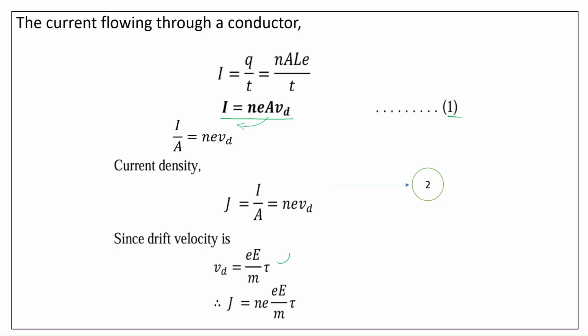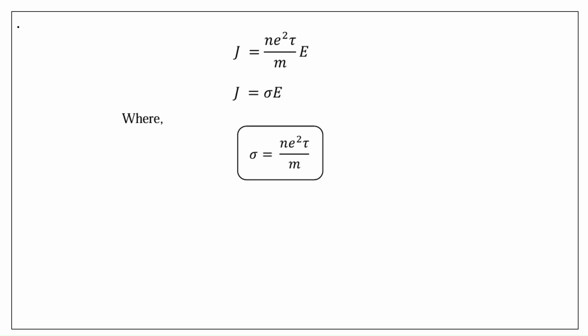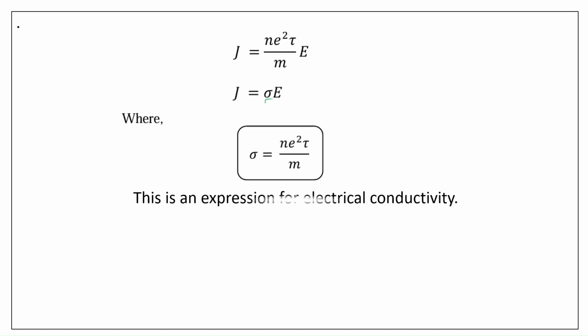We get J is equal to ne into eE by m into τ. Therefore, we can write J is equal to ne square τ by m into E. Therefore, we get J is equal to sigma E, where sigma is equal to ne square τ by m. This is an expression for electrical conductivity.